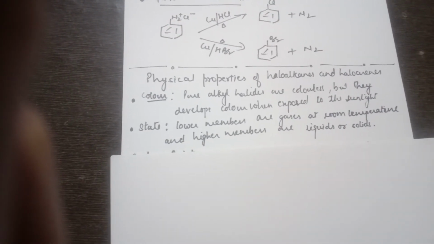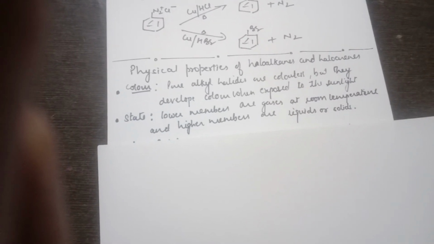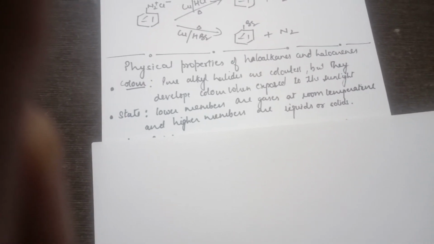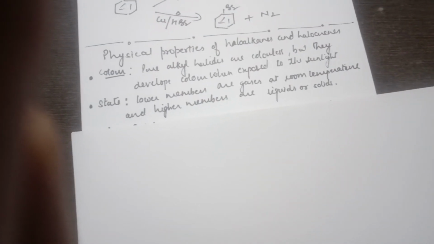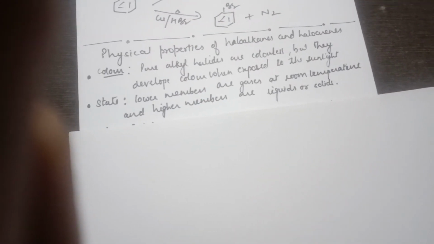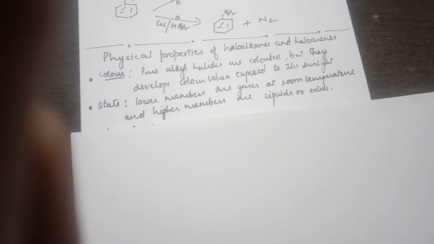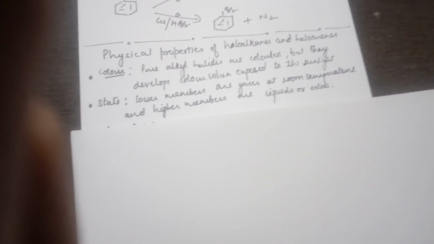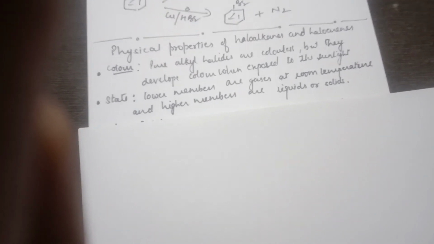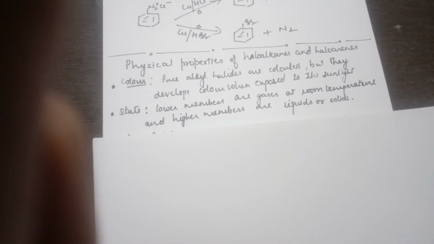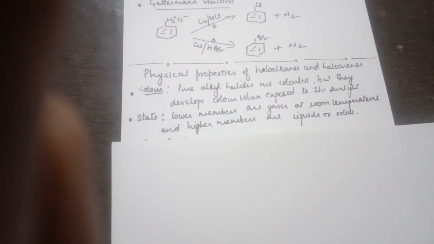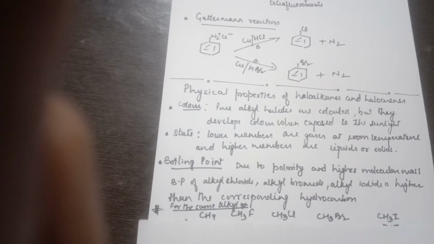If I talk about the state, the lower members of the family, like methyl chloride, methyl bromide, methyl iodide, are gases at room temperature. The higher members, like butyl chloride, butyl bromide, butyl iodide, and further higher members, are either liquids or solids.